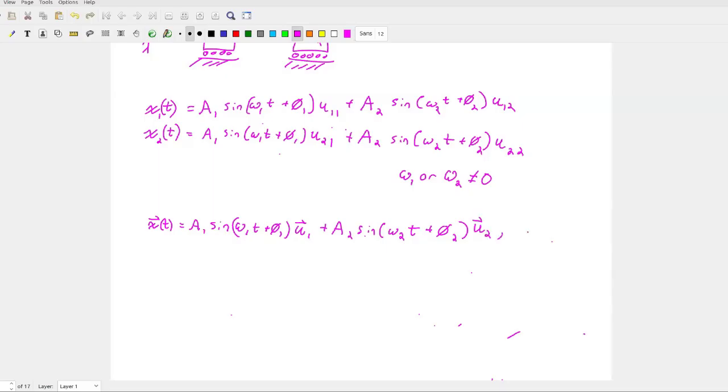And again, omega 1 or omega 2 is not equal to 0.